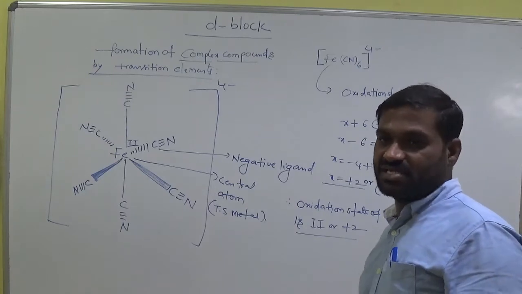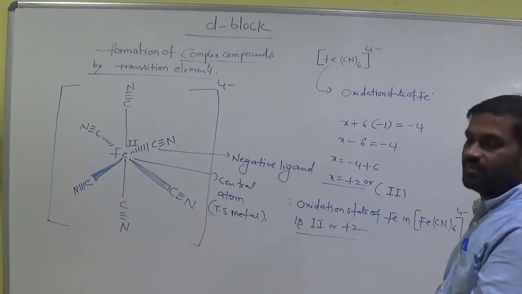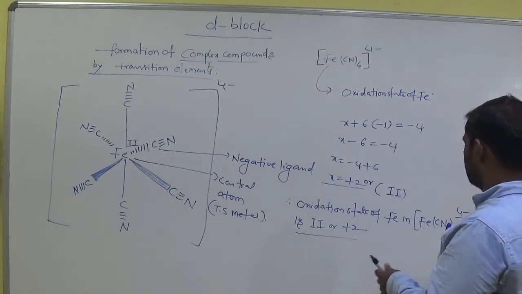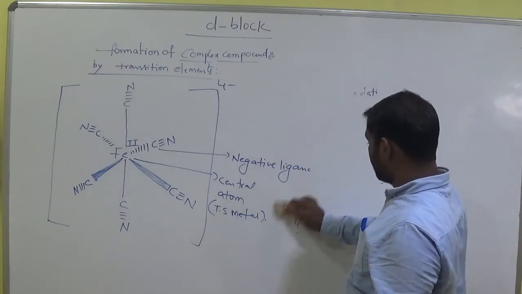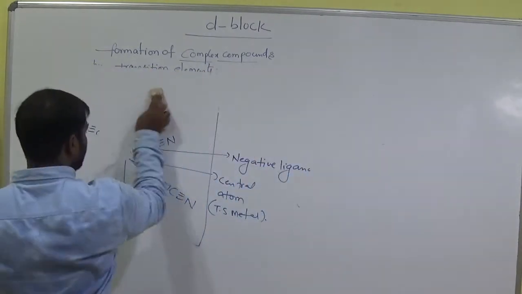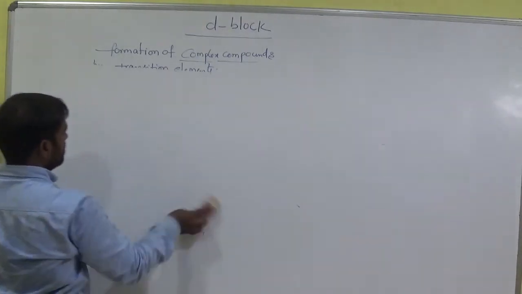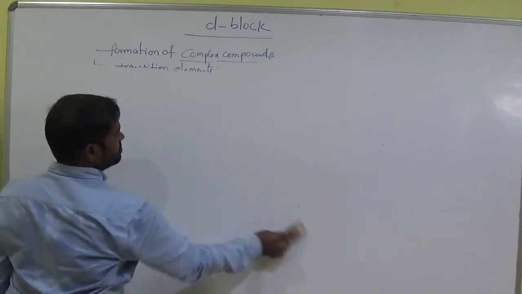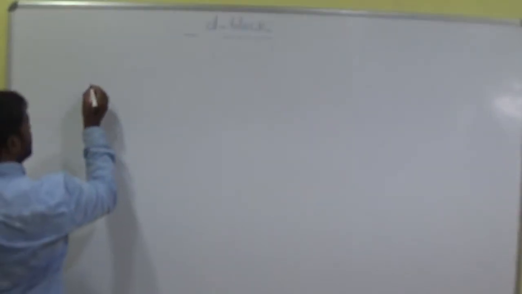Let's see the definition. Before the definition, we have to analyze what is a complex here. We have a very separate topic regarding this. We learn more about this where CN is the ligand. Now write the definition here. What is the definition of complex compounds?